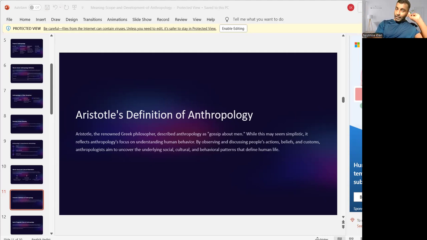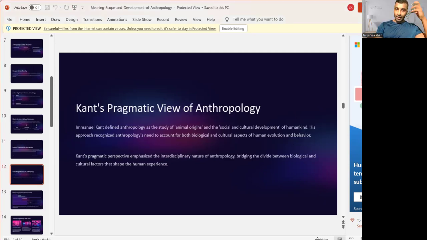Okay, now let's move on to the next one, Immanuel Kant. Again, guys, when you look into ethics also, you will be studying about this, but in a different way. Okay, so the pragmatic view of Immanuel Kant of anthropology. Basically, Immanuel Kant in his book Anthropology from a Pragmatic Point of View offered a different perspective.